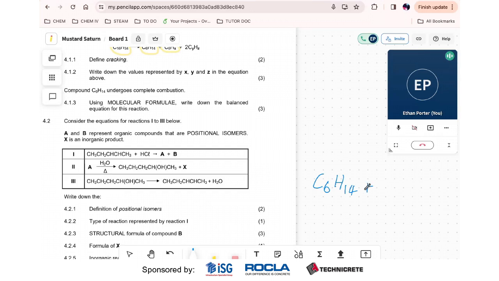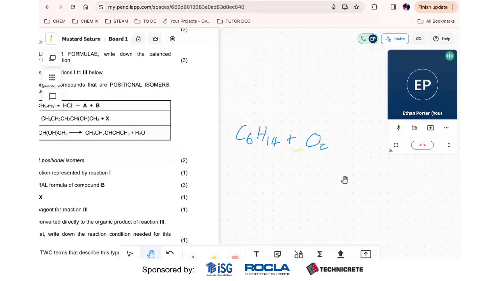For combustion, we definitely need oxygen. We're just not sure how much yet. Our products are definitely going to be CO2 plus H2O. We're just not sure how much of each right away.